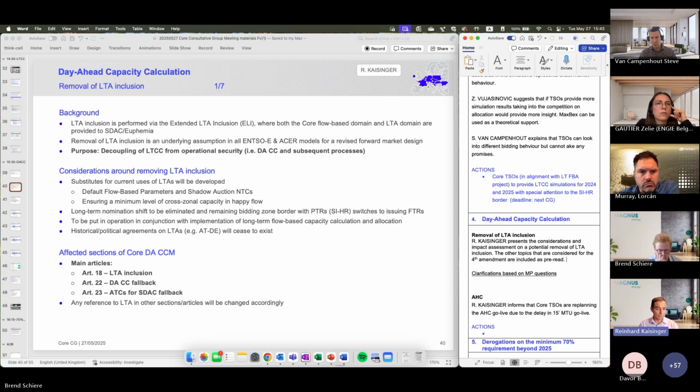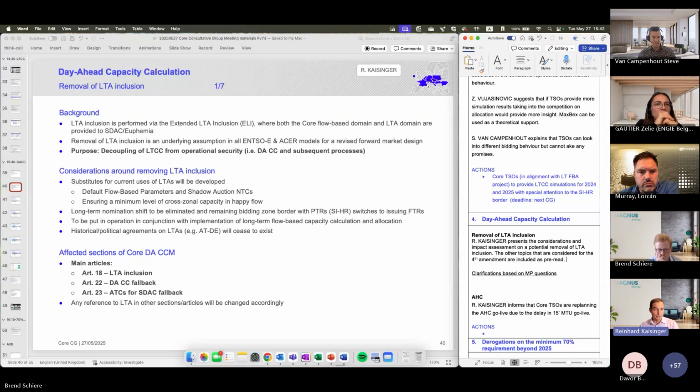Now, the main affected sections in the core day-ahead CCM are three articles. Article 18 in general on LTA inclusion, which describes how the process is to be dealt with during capacity calculation in happy flow.